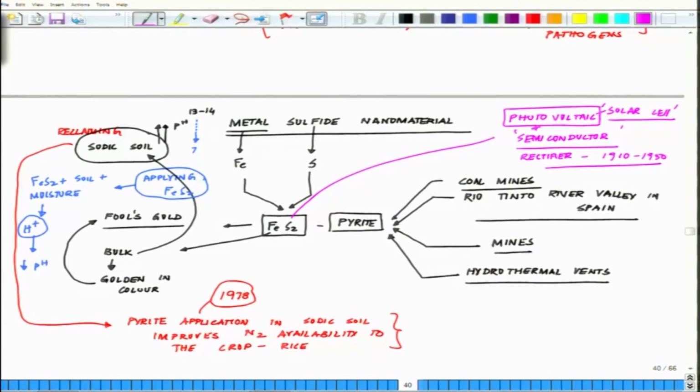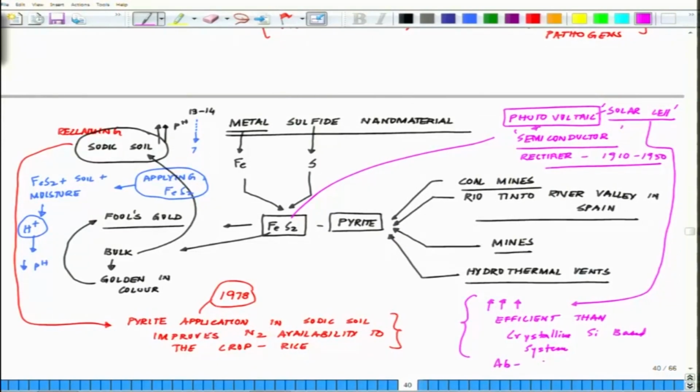Pyrite is a fairly old molecule through the ages, and as a matter of fact, it is being claimed that if pyrite could be used as a solar cell material, it will be far more efficient than crystalline silicon-based systems, because it has a tendency to absorb in the far red region.